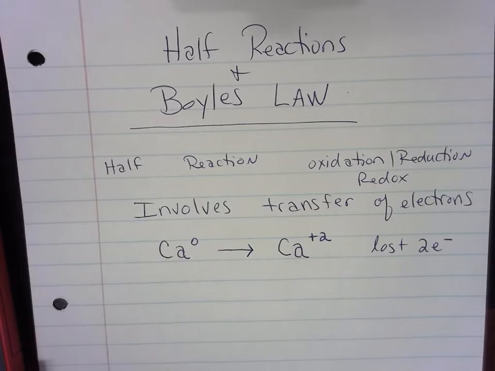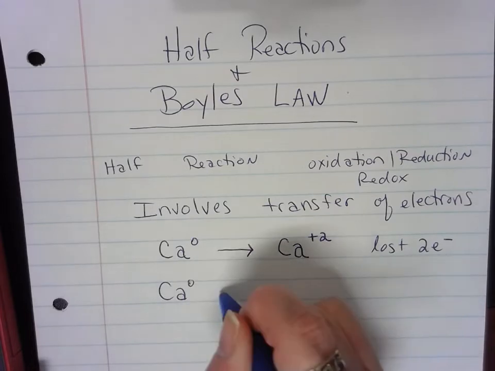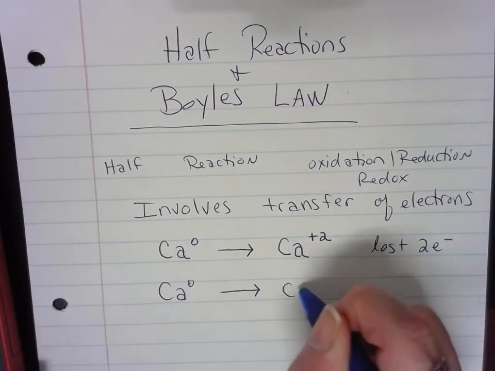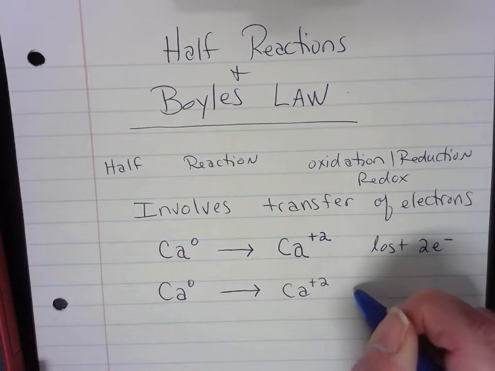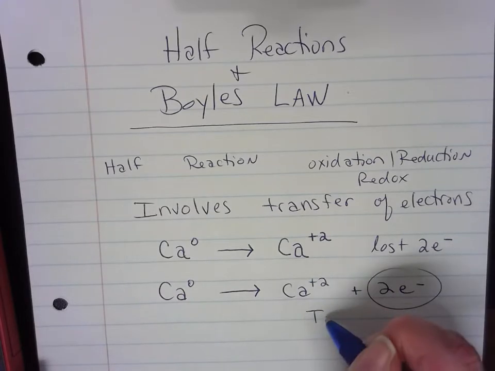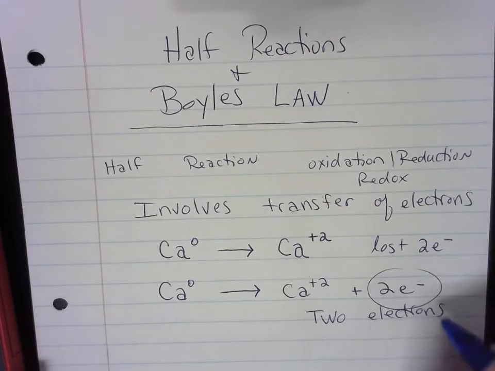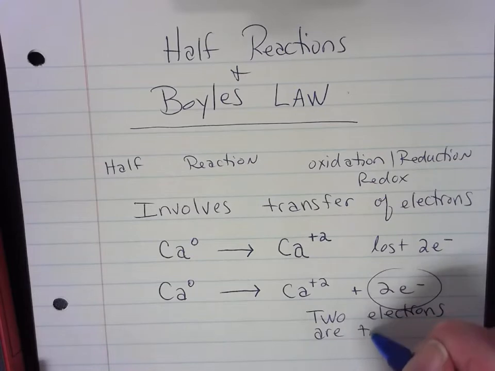So the way that we write this in a half reaction is going to be simply calcium with a 0 charge turns into a calcium with a +2 charge plus 2 electrons floating around. So what this means is 2 electrons are transferred to whatever they're transferred to.